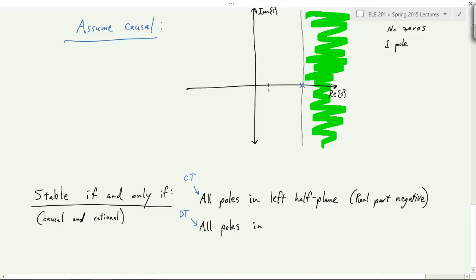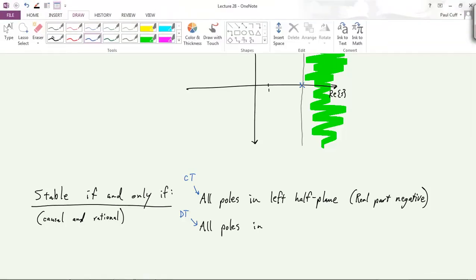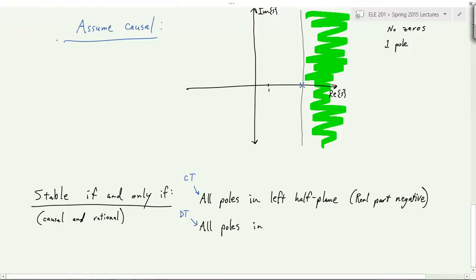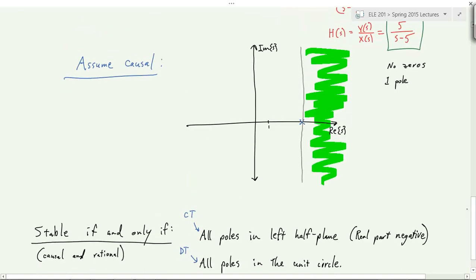What would the rule be in the Z transform? Yes, all poles in the unit circle. Okay, so that's really what we want to check for if we want to know if this is stable. Of course, we already knew that that system above was not stable.